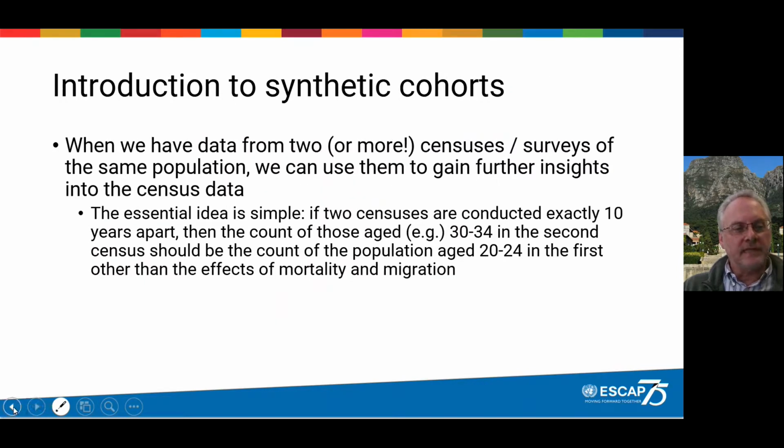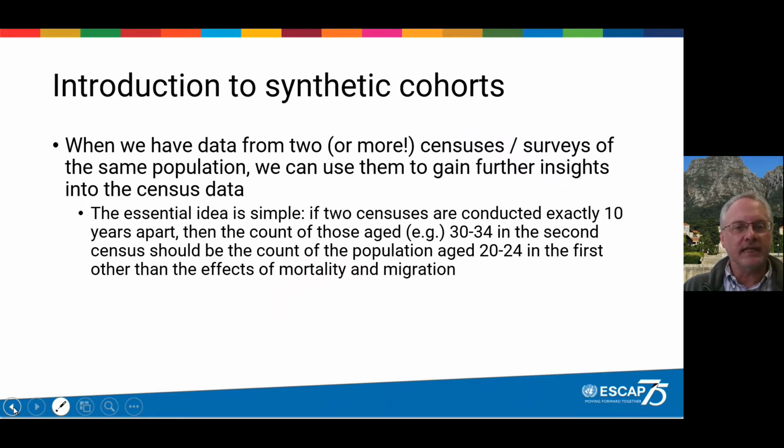The first of these investigations using multiple inquiries is to introduce you to the idea of a synthetic cohort. And the underlying logic of a synthetic cohort is relatively straightforward. When we have data from two or more censuses or surveys of the same population, we can use the data from those multiple censuses or surveys to gain further insights into the quality of the census and survey data.